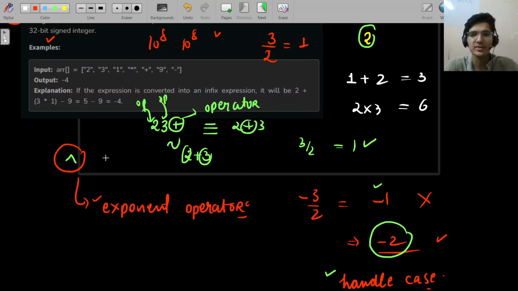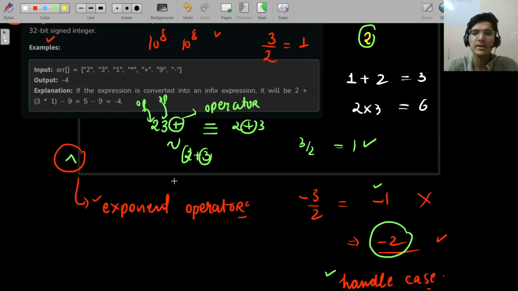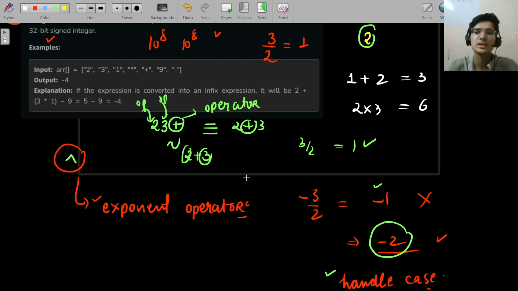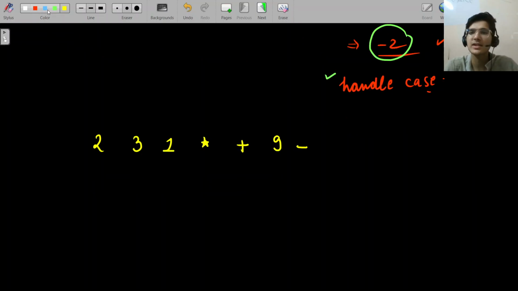Let's try to observe first. Observation is always the key. You write the example, derive some properties from it, and then try to solve the problem. The expressions are given like this: plus, 9, and minus. Also, they made the problem simpler by not giving a complete string.